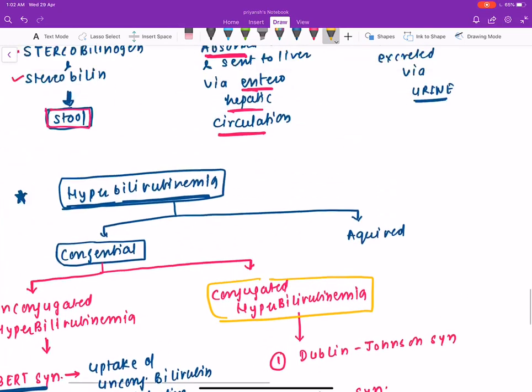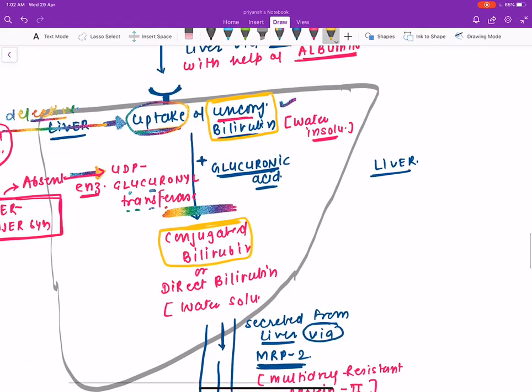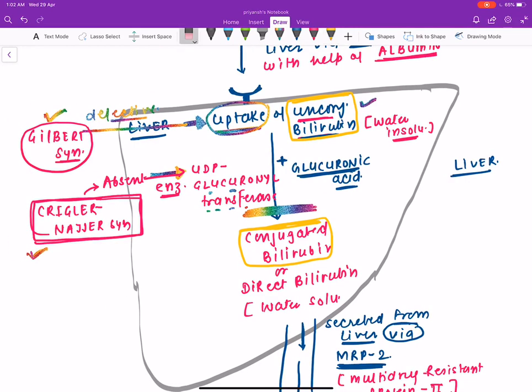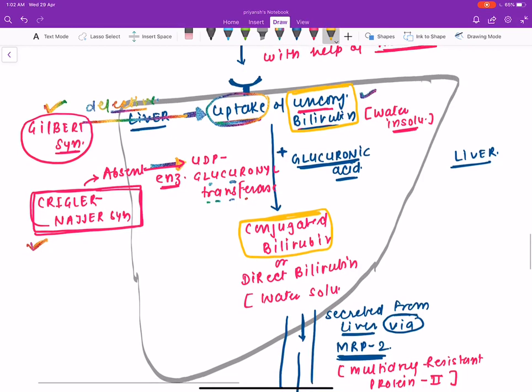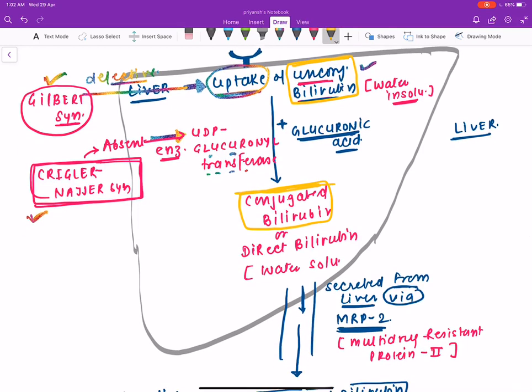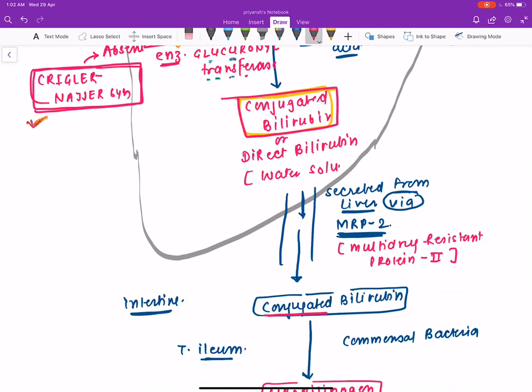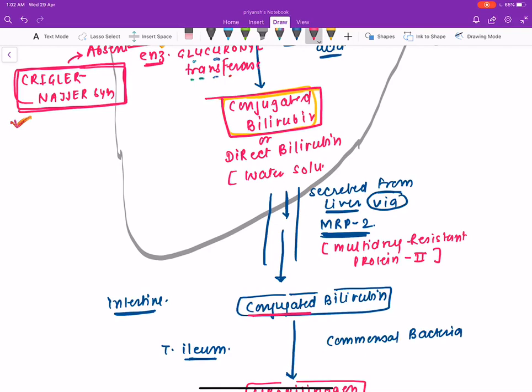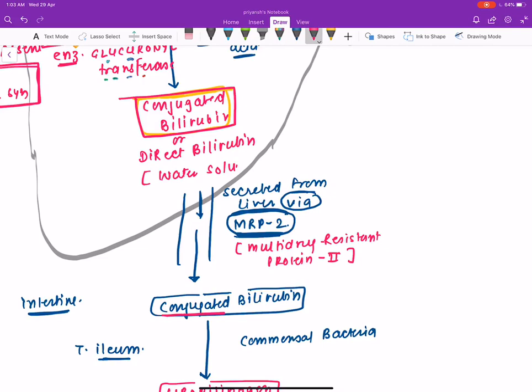So I will again scroll up to the same diagram. See, I have highlighted that if the conjugation has occurred, after that this conjugated bilirubin was supposed to be secreted by the liver, and for secretion we require a molecule which is called MRP2. If this MRP2 is defective, it leads to Dubin-Johnson syndrome.